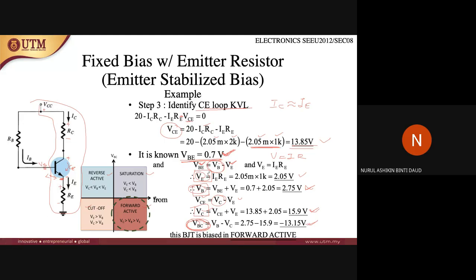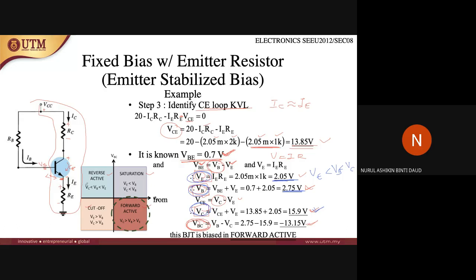Okay, so here the value of VE is 2.05, the value of VB is 2.75, so VB is higher compared to VE, right? So VB is larger compared to VE. Next, the value of VC is 15.5, which is larger compared to VB.